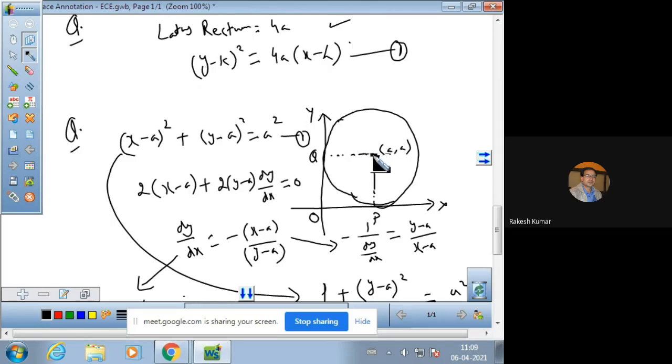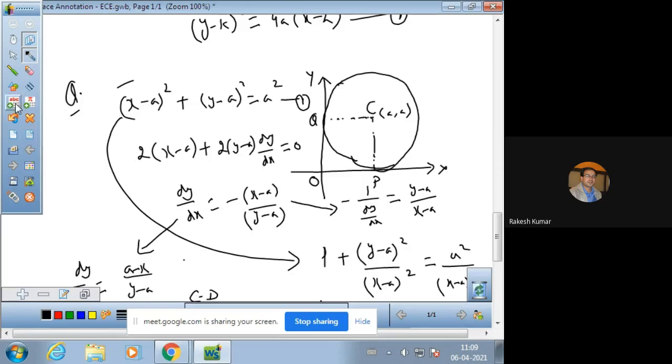So if the radius is a, clearly the center point C is (a, a). So this will be the equation of a circle. Now from this equation, you will find the derivative. The derivative is 2(x minus a) plus 2(y minus a) dy by dx is equal to 0.